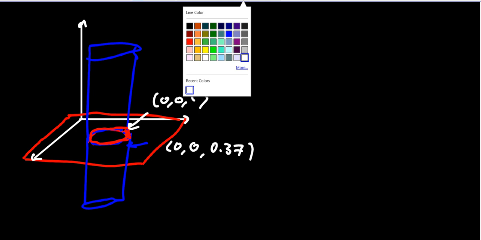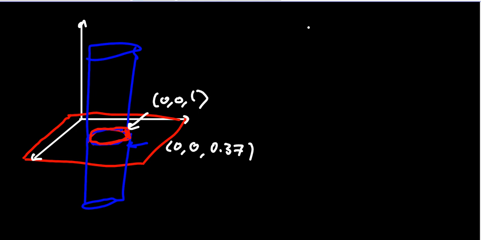It looks kind of similar to a function like this. It looks similar to e to the negative x squared, right? Just in multiple dimensions. Okay. It looks kind of like that.